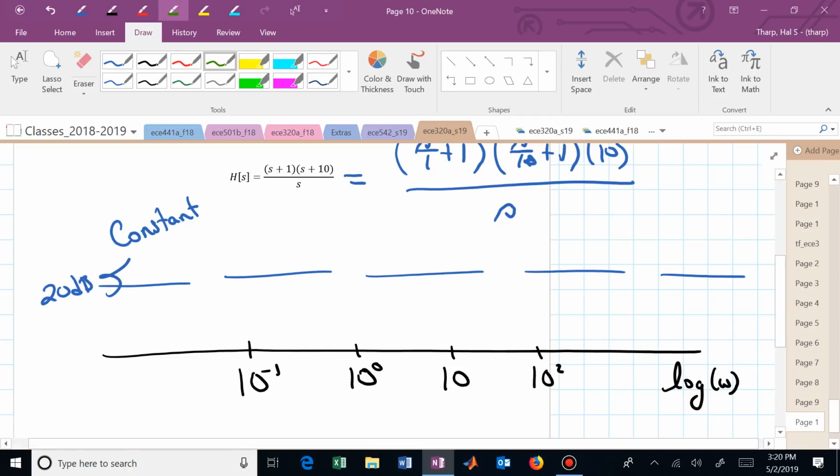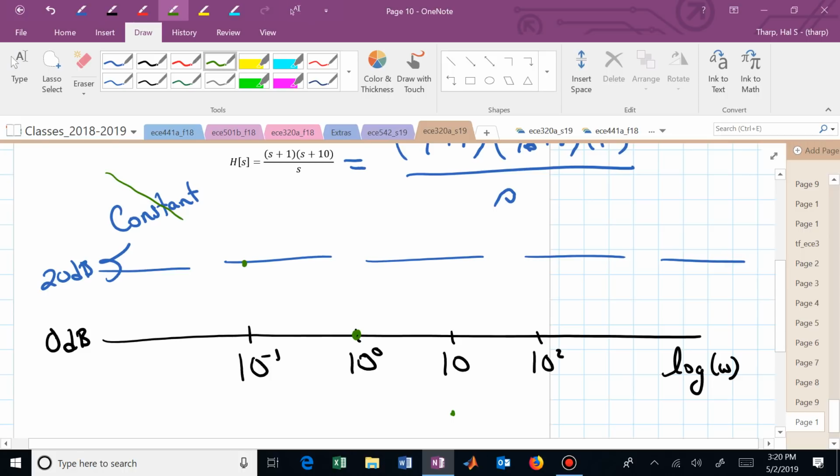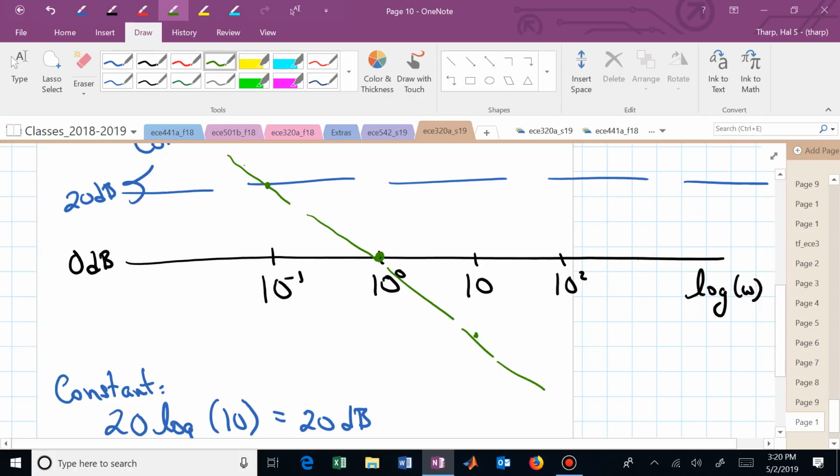I want to now be going through 0 dB. Here is 0 dB. And I'm always sloping, which means that a decade before that I would be at plus 20 dB. A decade after that I'm at minus 20 dB. So that pole at the origin is giving me something like that.